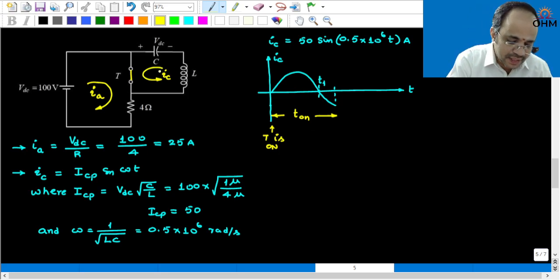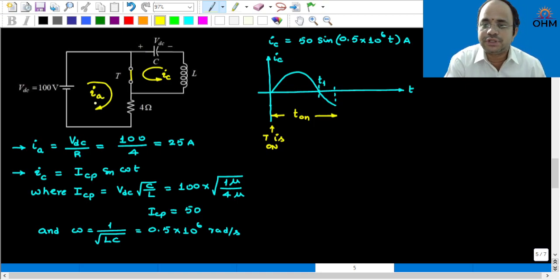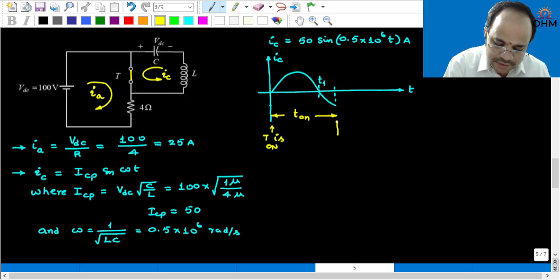Whenever IC reverses, the SCR will conduct until IC is equal and opposite to the SCR current component, that is 25 ampere. In other words, T is off here.